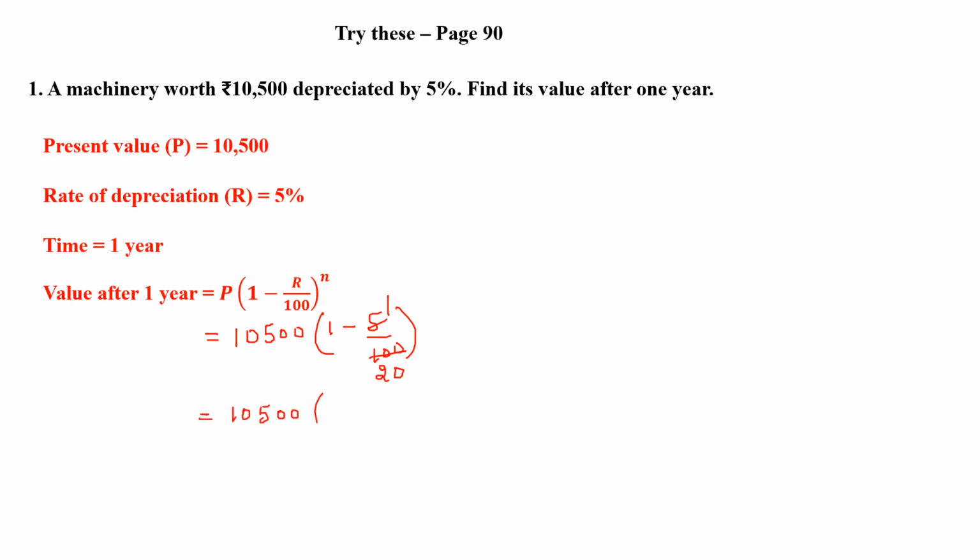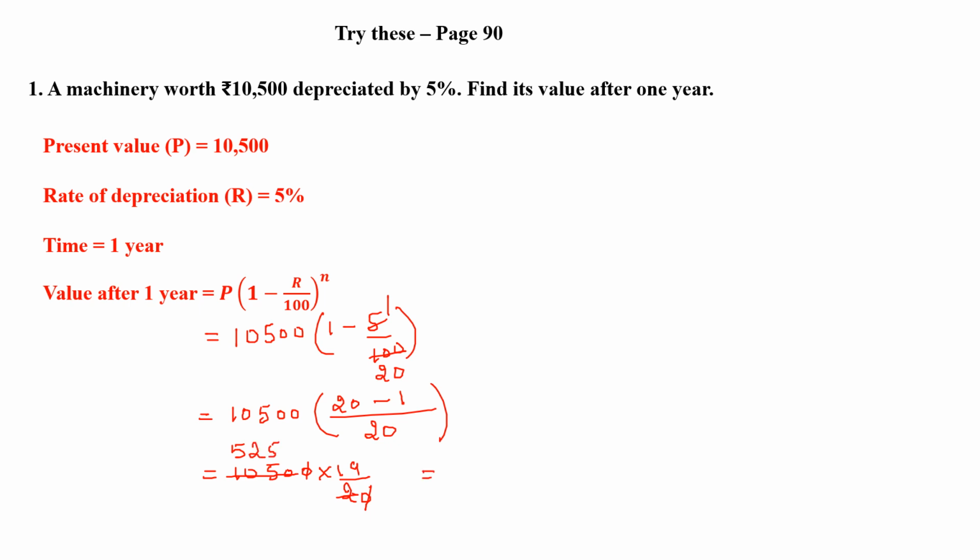So now it became 10,500 times, and if I take the LCM, my LCM is 20, so it will become 20 minus 1. So I'm going to get 10,500 into 19 by 20, and I'm going to reduce it further. So if I use the 20 table, it will be 525.